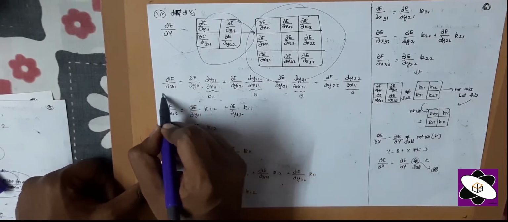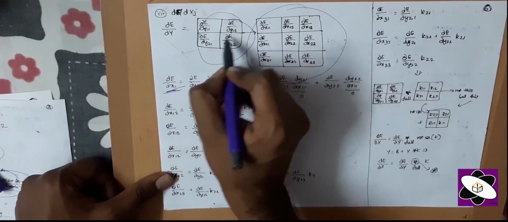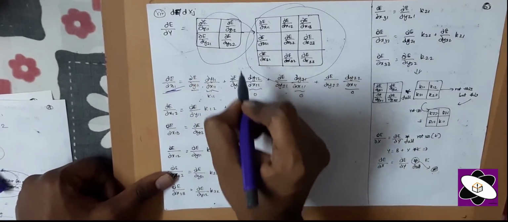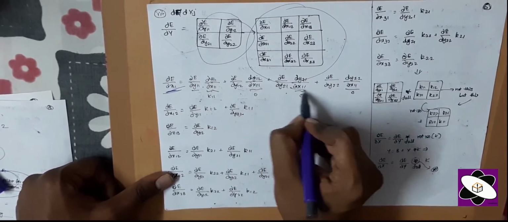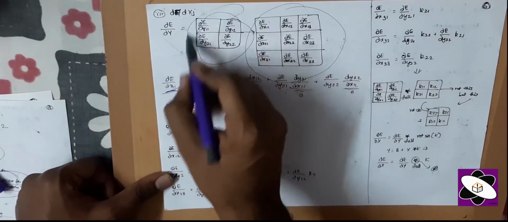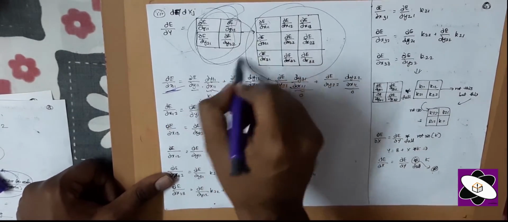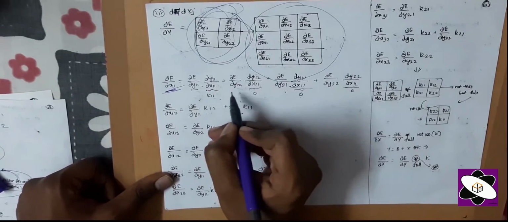We have a 3 by 3 input in this example. For example, if we take x11, we can simply go for y11 by x11, then y12, then y21 by x11. For every y we can find it, because it's a matrix of gradients.